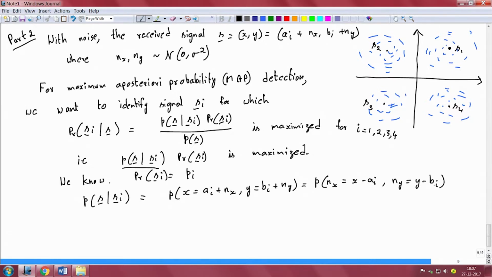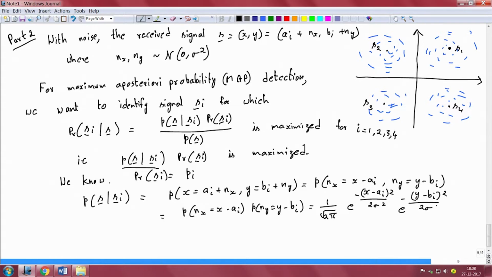And it was given that these noise samples n_x and n_y are independent. So, we can write this as probability n_x equal to x minus a_i times probability n_y equal to y minus b_i, and using the Gaussian distribution we can write them as 1 over 2 pi sigma square times e power minus (x minus a_i) squared by 2 sigma square, times e power minus (y minus b_i) squared by 2 sigma square.